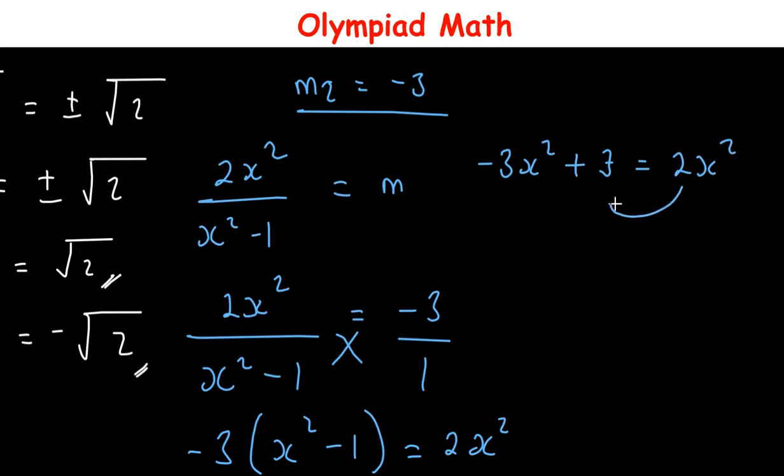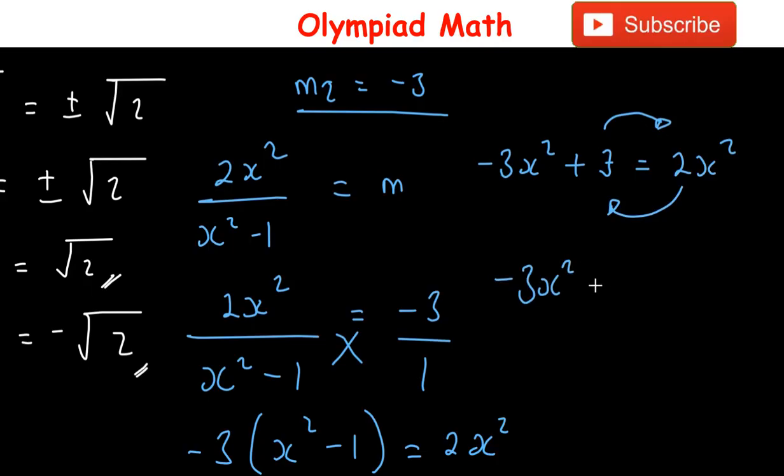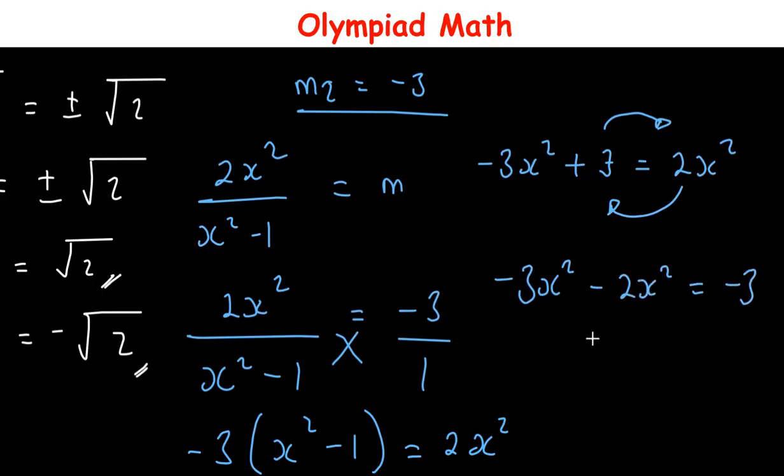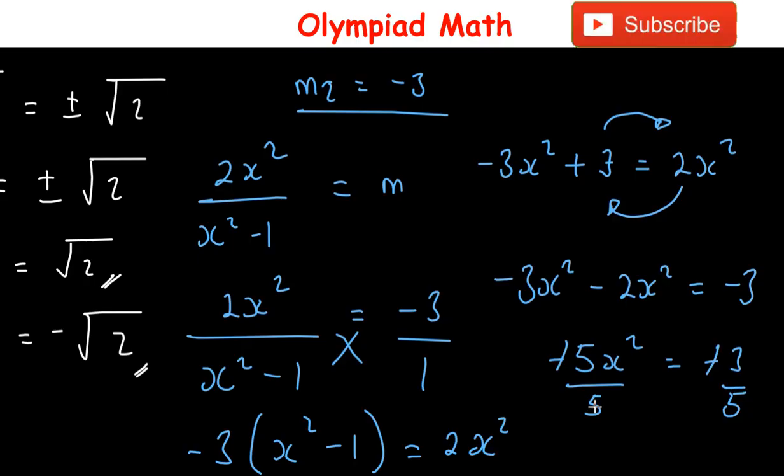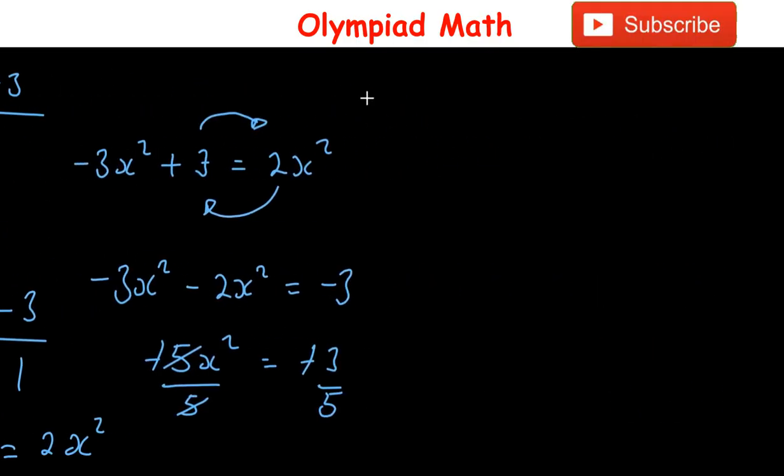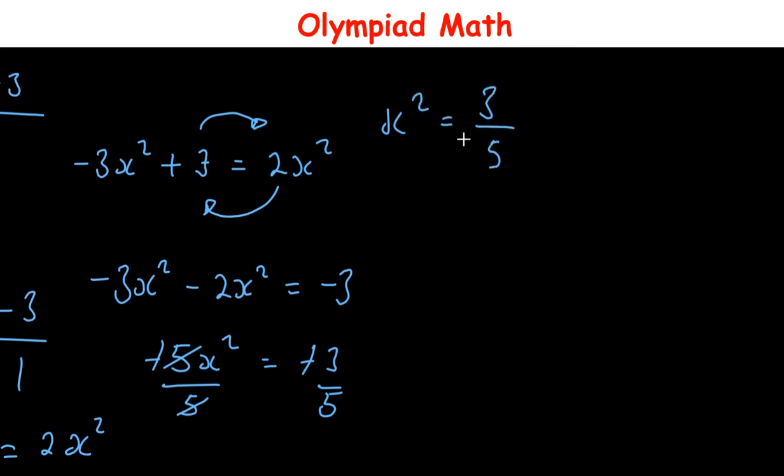Move 2x squared over to the left hand side and move plus 3 over to the right hand side. We have minus 3x squared minus 2x squared equals minus 3. This will give us minus 5x squared equals minus 3. Minus cancels minus, divide both sides by 5. 5 divide 5, we have that x squared is equal to 3 over 5.